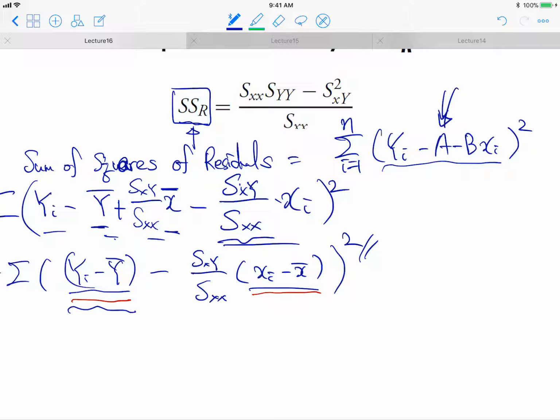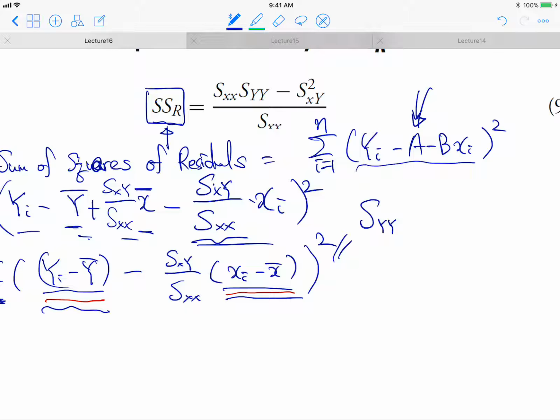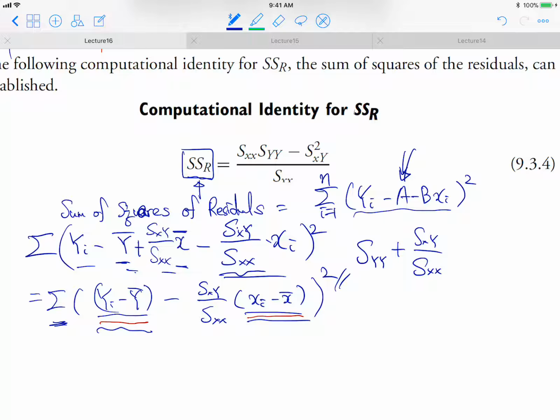First of all, this guy will be squared and added together, and that will be Syy, right? Because this is just the sample variance of y. And then what about this one? This one will be plus (Sxy over Sxx) squared times Sxx, right?